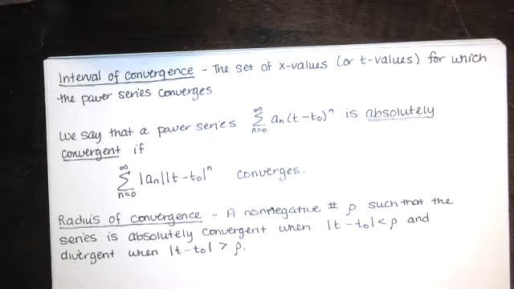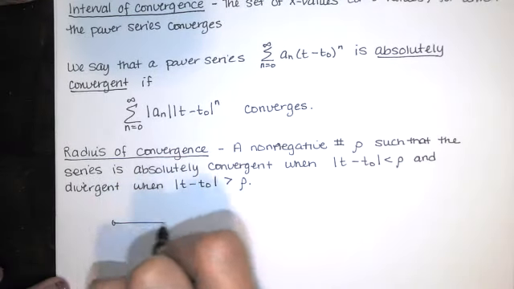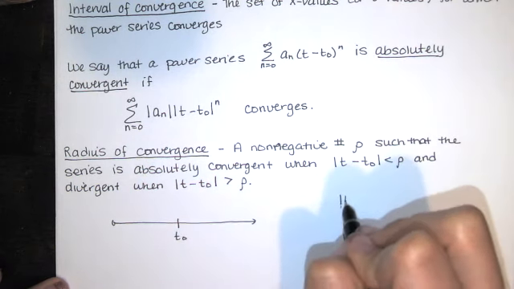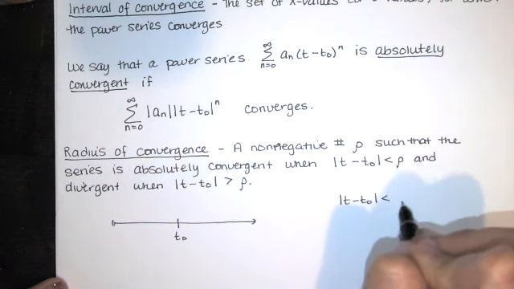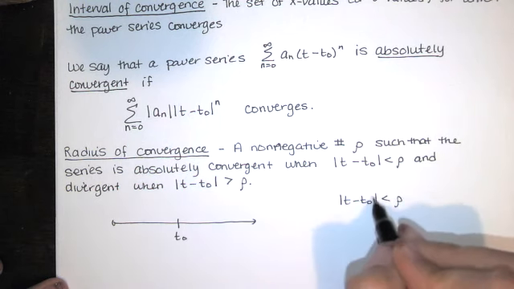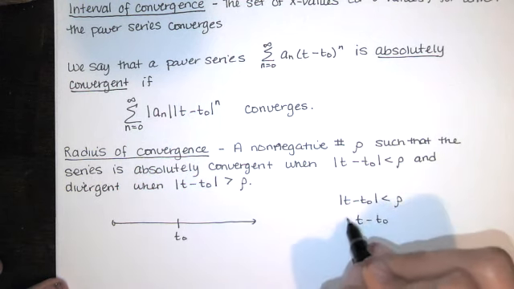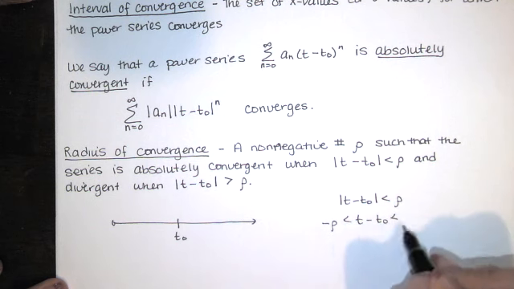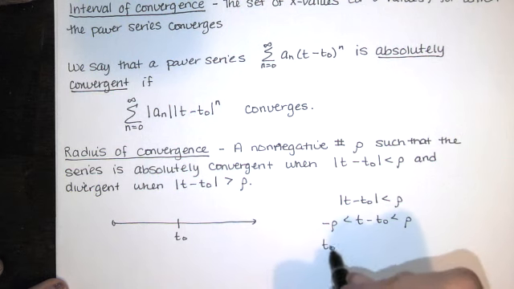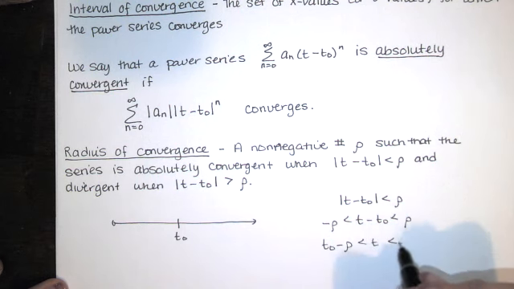So let's graph this just to make it clear. Here's t naught. I'm talking about the absolute value of t minus t naught, and I'm saying that that's less than rho. That's equivalent to saying that this t minus t naught is in between negative rho and rho. So if I add t naught to all three parts of this inequality, I get this.